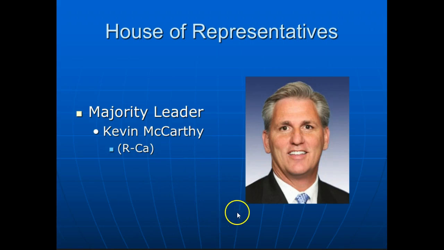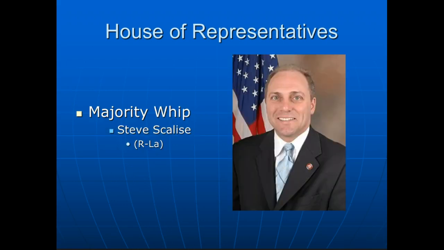It's his responsibility to keep his group together. That's called a caucus. A caucus is a group of like-minded people. So the Republican caucus, he is in charge of. The majority whip is Steve Scalise, and his responsibility is to make sure all the Republicans vote according to Republican principles, that they don't vote with the Democrats ever, so it's a tough position.